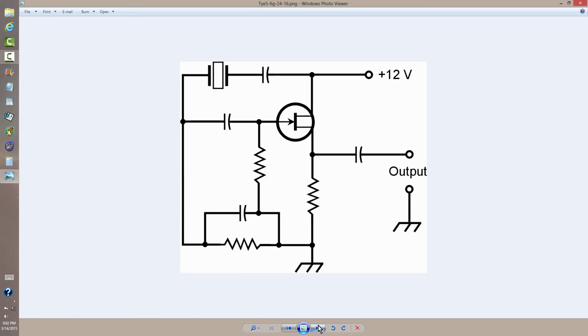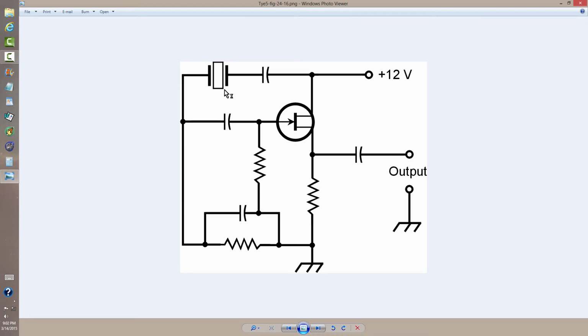And finally, a crystal-controlled oscillator known as a Pierce oscillator, which operates at a fixed frequency unless you employ some means to pull the crystal frequency slightly away from its normal operating frequency, in which case you have a Pierce VXO, or variable crystal oscillator.